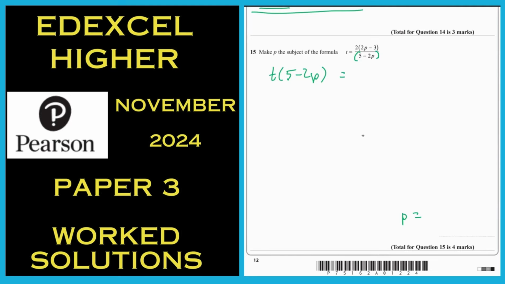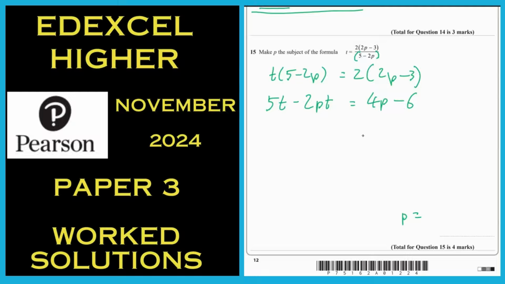If you are the sort of person who would have expanded that straight away, that's fine. I'll just do that extra step. So now let's expand the brackets. Doesn't matter if you write TP or PT, no one cares. But now comes the key step.